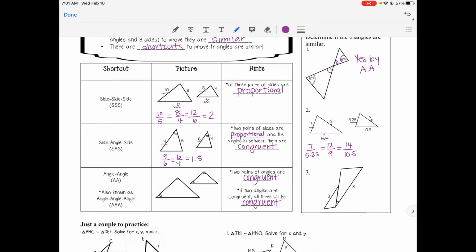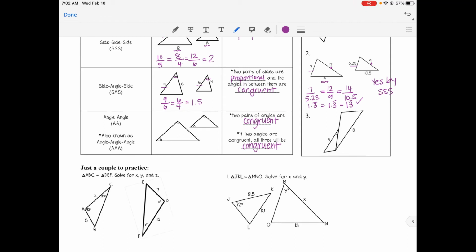Then you want to check each of those ratios. The first one gives us 1.3 repeating, or 4/3. 12 over 9 also gives us 1.3 repeating, good sign. 14 over 10.5 gives us 1.3 repeating. This one you probably had to check on your calculator. So yes, all those are equal. So yes, these triangles are similar by side, side, side.